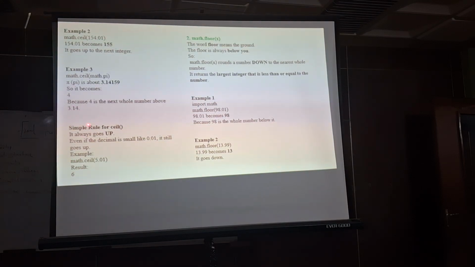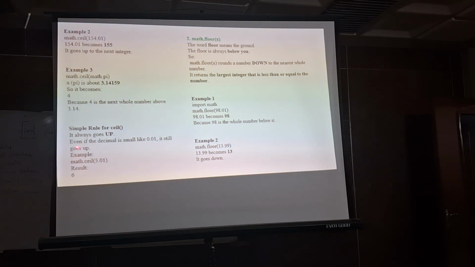But before I do it, look at the simple rule for ceiling. It always goes up. Even if the decimal is small, like 0.01, it still goes up. If we have 5.01, math.ceiling 5.01 is going to be 6.